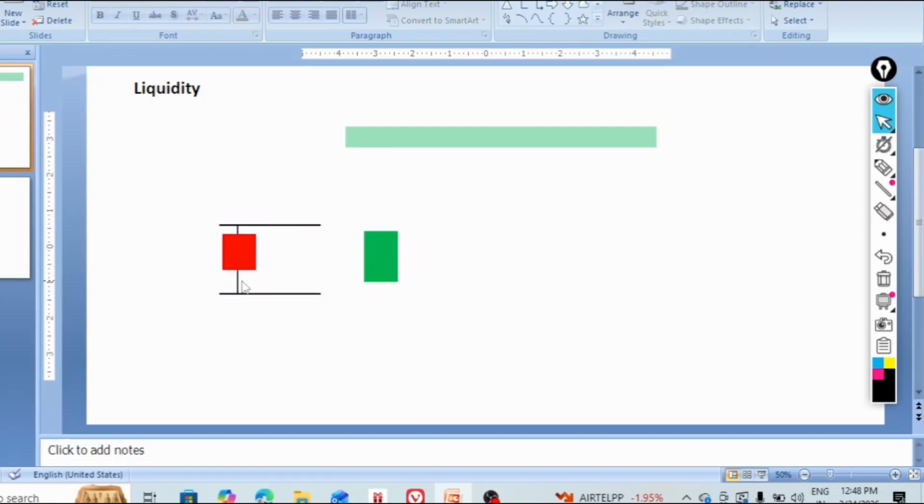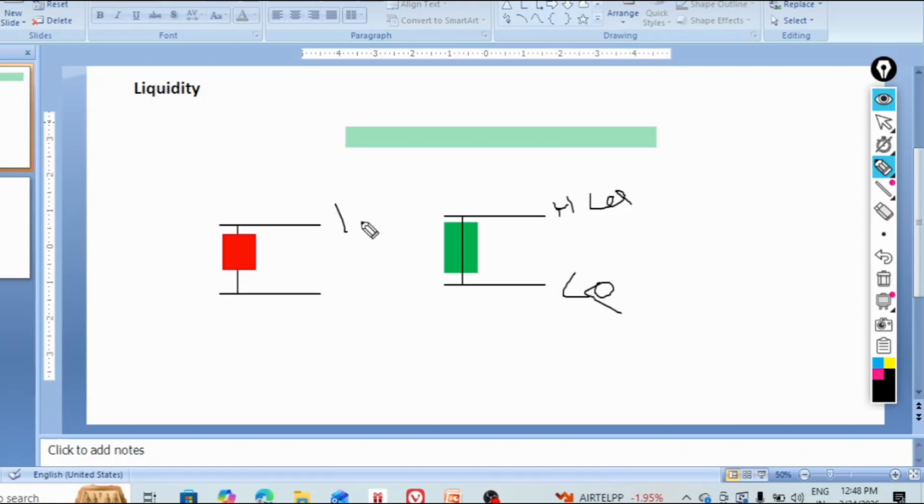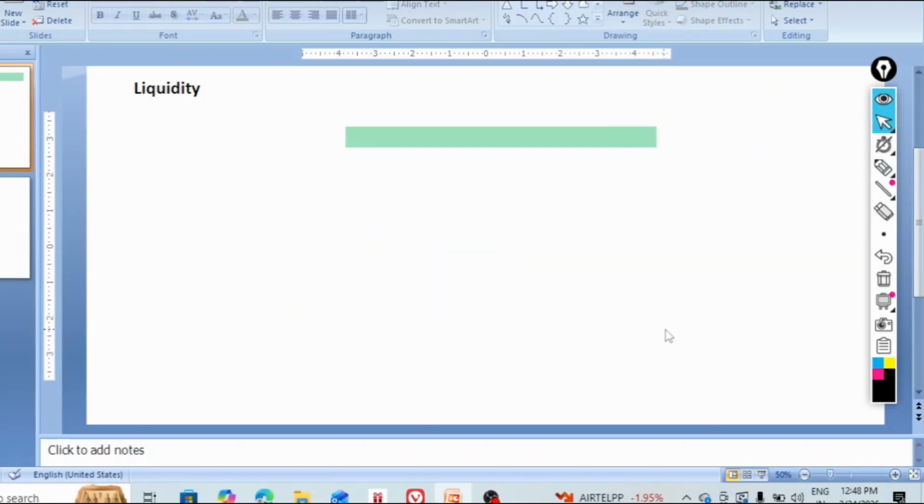Even for the bullish candle, the highest point will be the high liquidity and the lowest point will be the low liquidity. So in every candle there is liquidity, at the highest point and the lowest point. That's about the liquidity from the candle.